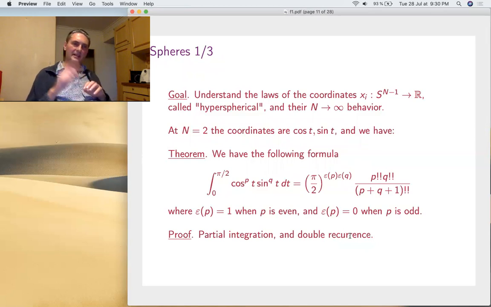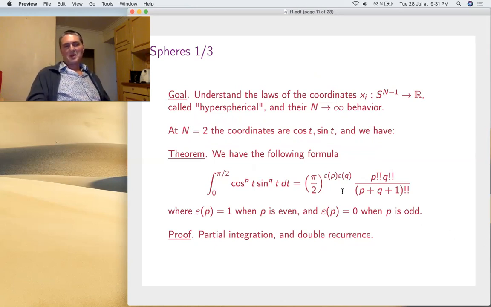The usual sphere in R^n is denoted as S^{n-1} because it has dimension n-1. So, well, let's start slowly. So at n is 2, the sphere in the plane is just a circle. So the coordinates are cos t, sin t, right?